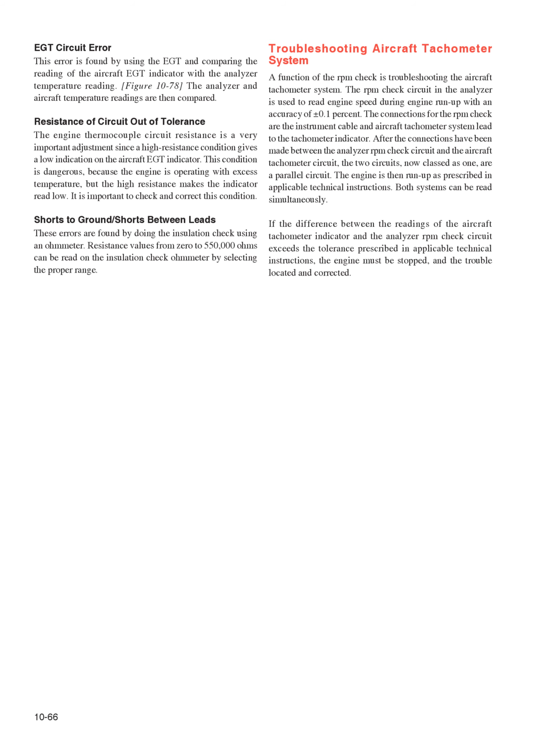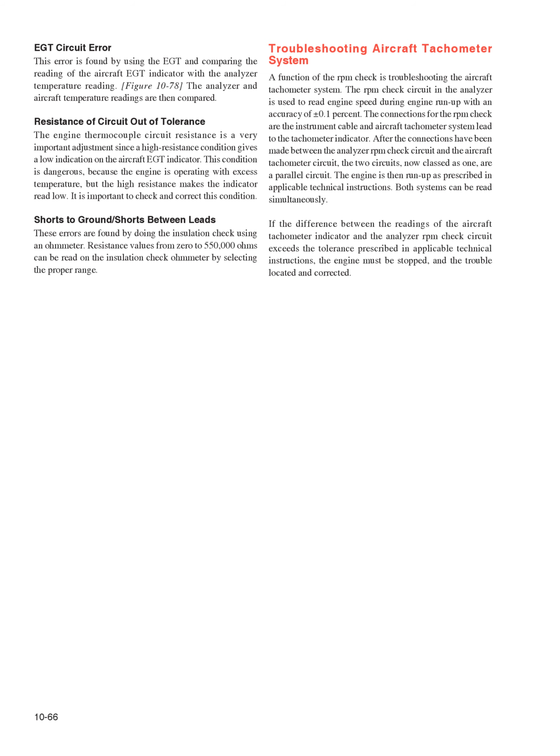Troubleshooting aircraft tachometer system. A function of the RPM check is troubleshooting the aircraft tachometer system. The RPM check circuit in the analyzer is used to read engine speed during engine run-up with an accuracy of plus or minus 0.1%. The connections for the RPM check are the instrument cable and aircraft tachometer system lead to the tachometer indicator.